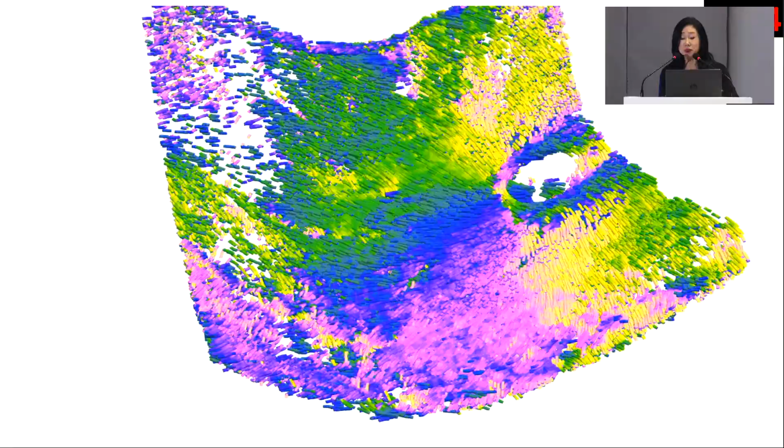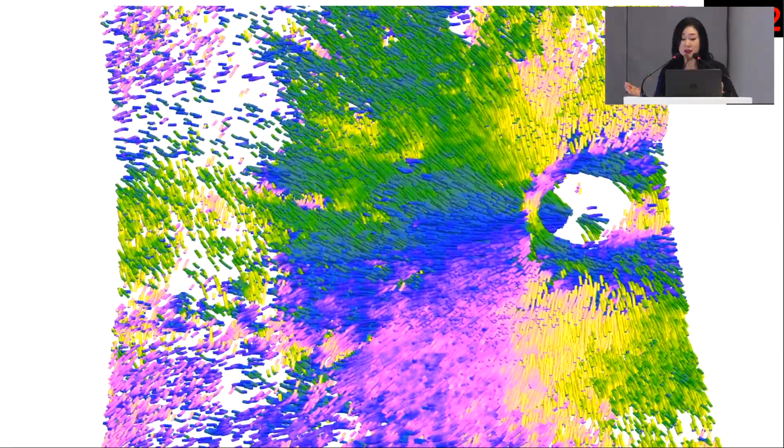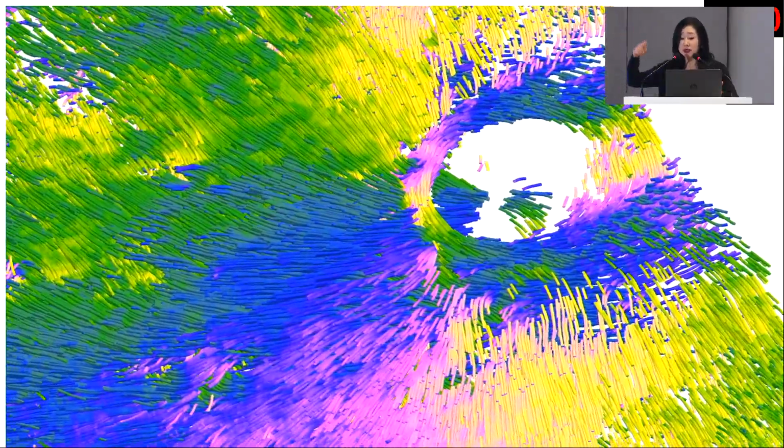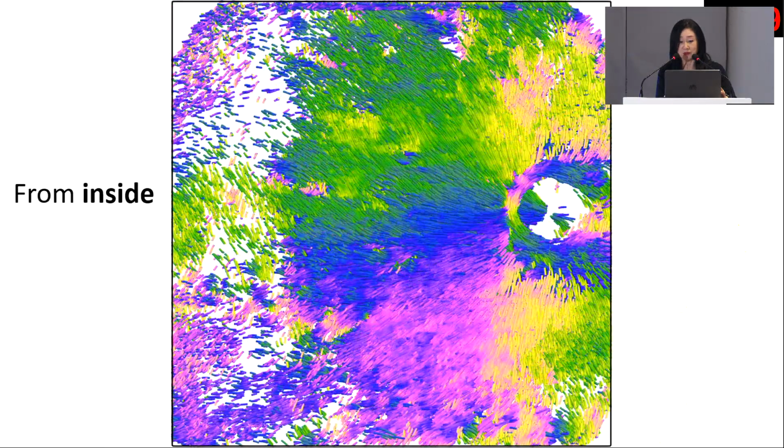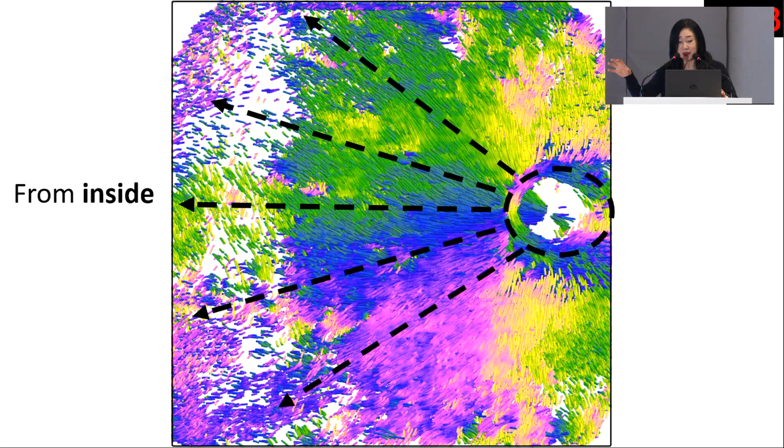For intuitive visualization, this is a streamlined image, and you can see a circular arrangement of scleral fibers around the optic nerve, and then the inner scleral fibers run radially to the periphery. So when we see the scleral fibers from inside, there is a circular arrangement, and the inner scleral fibers run radially to the periphery.